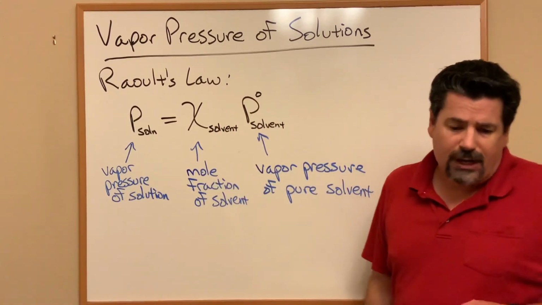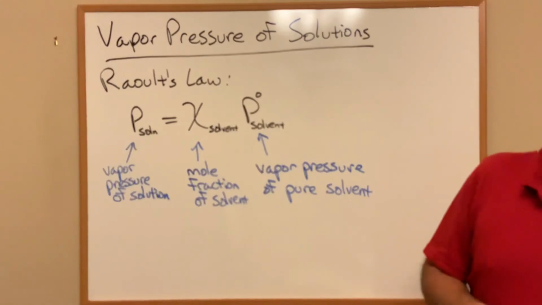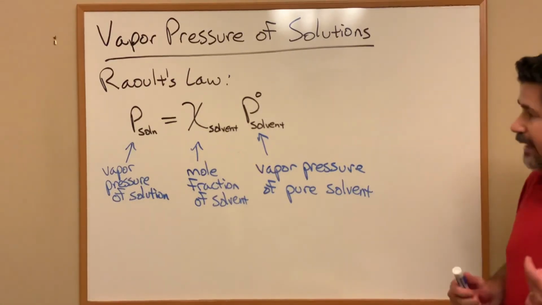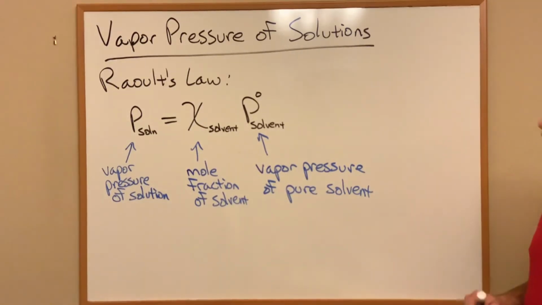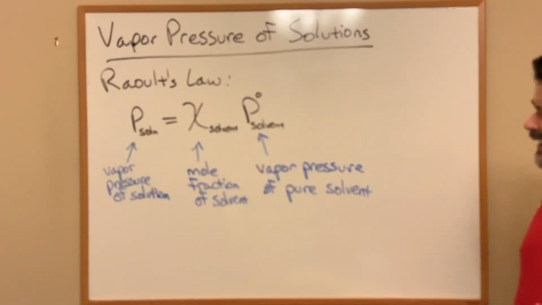In fact, you can use this to do calculations to get molar masses. I'm not going to do that in this video, we'll do that in a workshop. So it's kind of a cool thing.